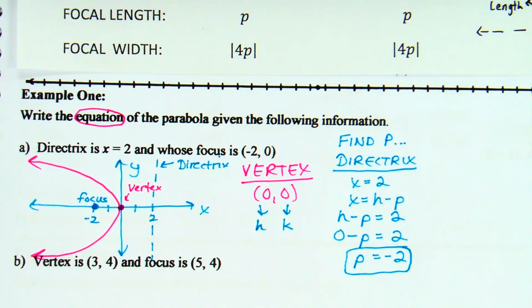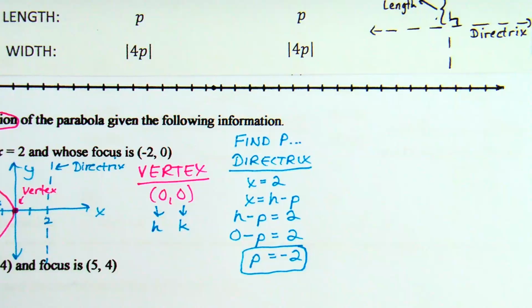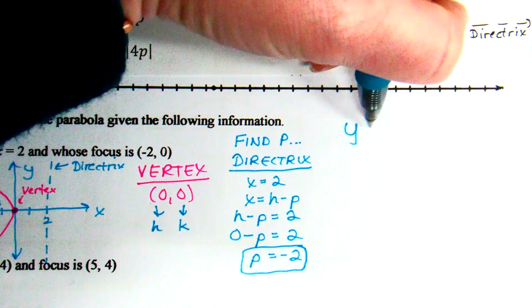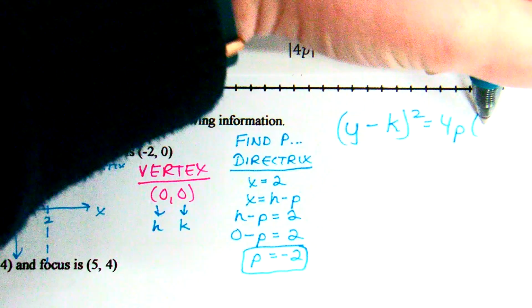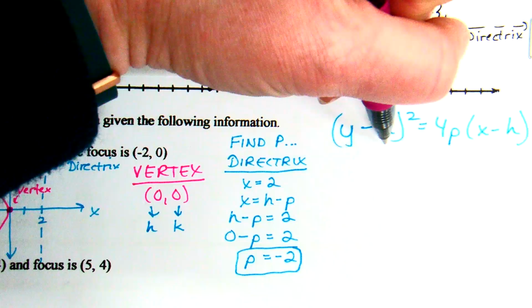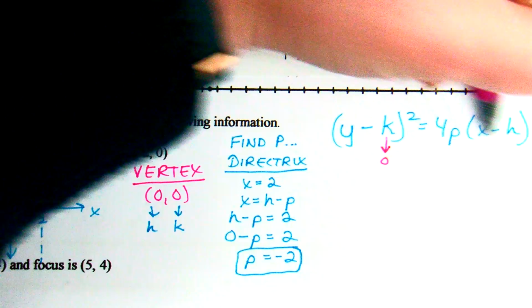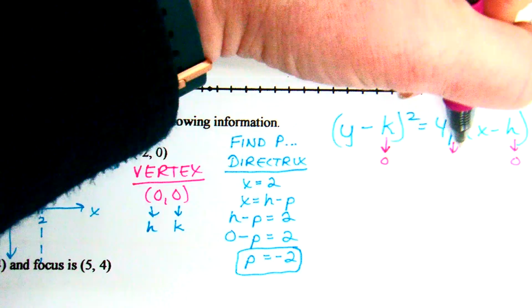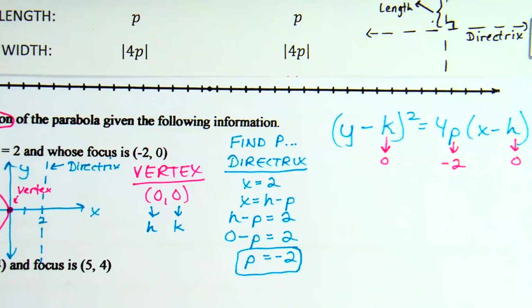Okay, you ready to write your equation? We were right column, so I'm going to write the formatting down. (y minus k) squared equals 4p times (x minus h). So, what do we already know? What's k? 0. And what's h? 0. And what's p? Negative 2. Okay. (y minus 0) squared.